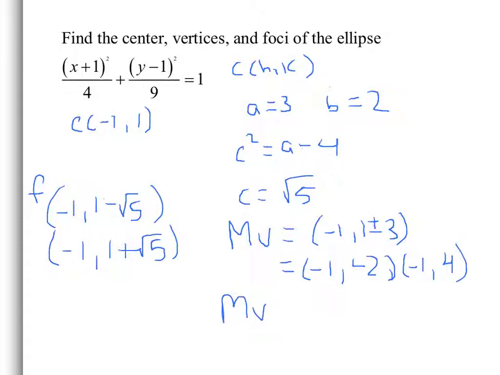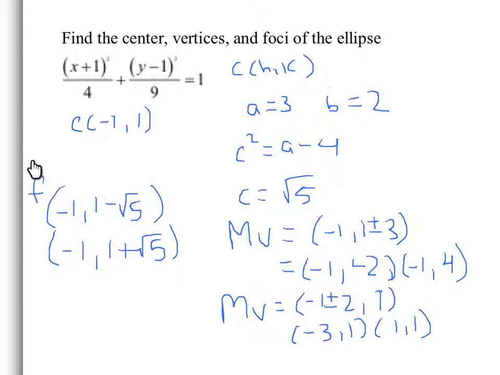And then our minor vertices are h plus or minus b comma k, so you get (-3, 1) and (1, 1). So there's everything. To graph it, all you have to do is plot your foci, your major and minor vertices, and the center, and draw the shape. Okay?